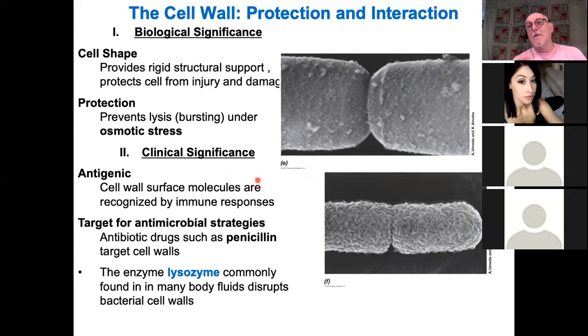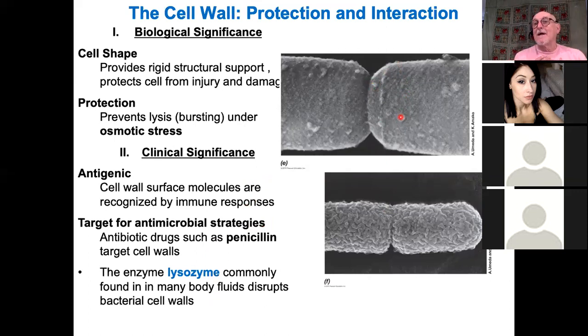But clinically, one of the most important features is that many antibiotics, such as penicillin, operate by stopping the cells from being able to build the cell wall properly. These antibiotics weaken the cell wall, and as a result, the cells burst. And that is how antibiotics like penicillin actually work.